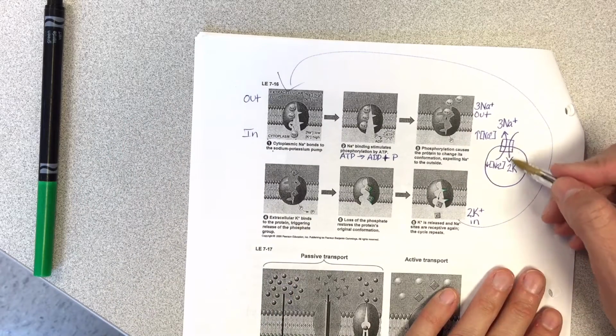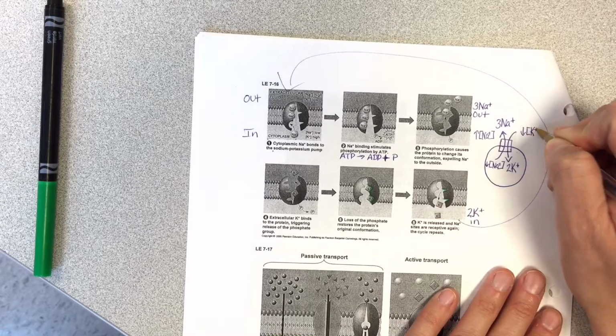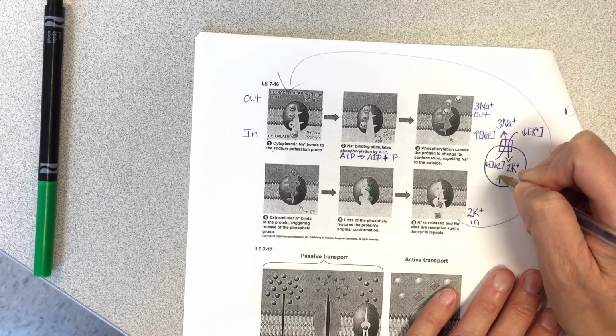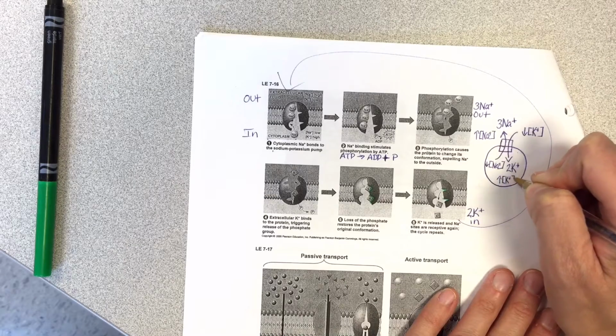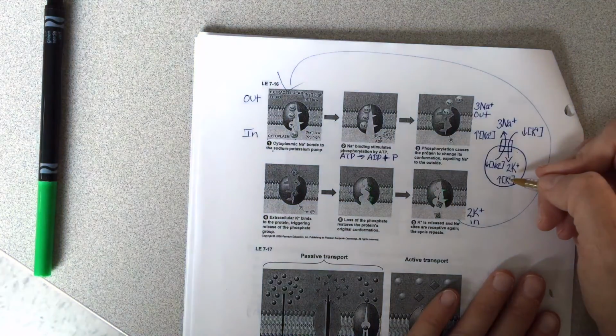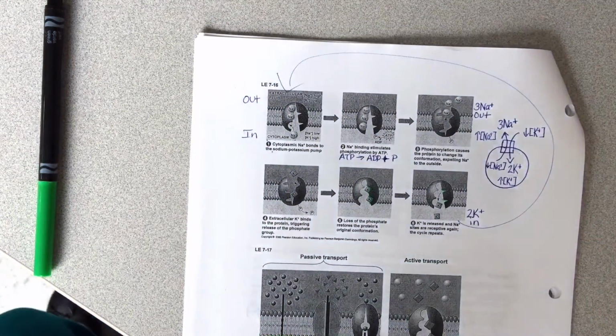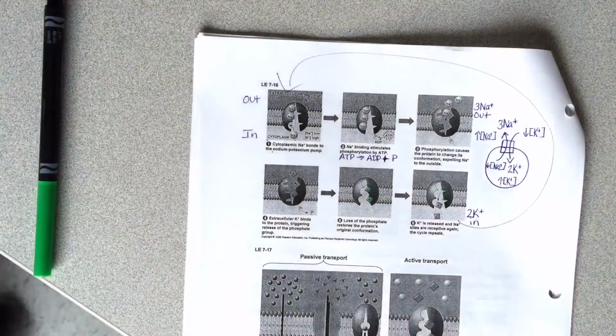Potassium is being pumped in, which means the low potassium concentration is on the outside of the cell, and the high potassium concentration is on the inside of the cell. So it is going from low to high, therefore requiring energy. And so that's what the sodium-potassium pump does.